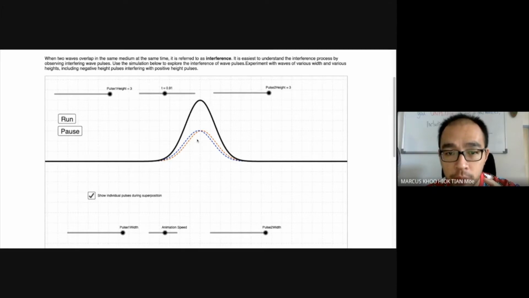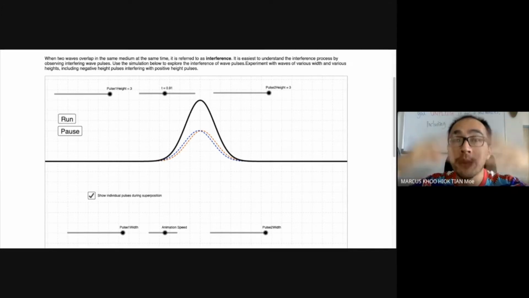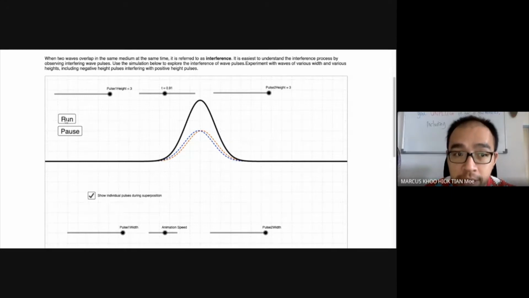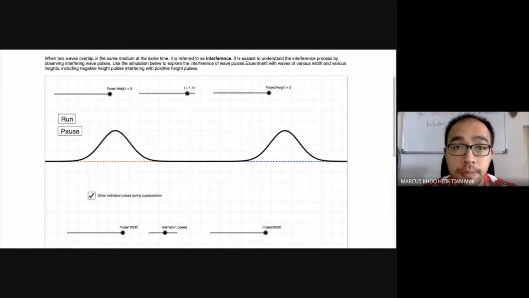Look at the height of the blue and the red: 1, 2, 3. The blue also is 1, 2, 3. But when you combine both together, it's 3 plus 3. Both waves combine to form a bigger wave, and then after that they separate and continue to move their own way.